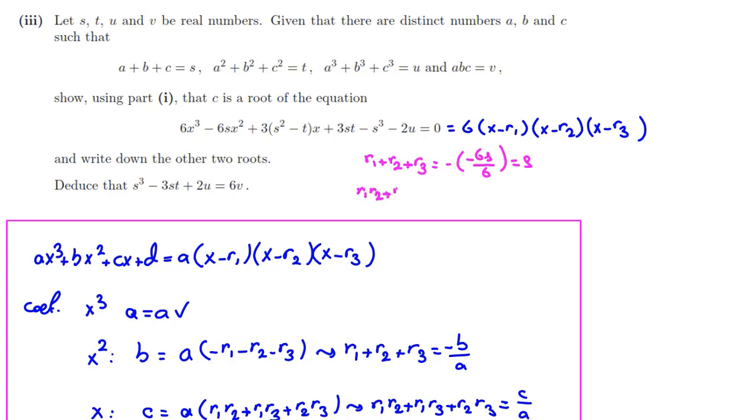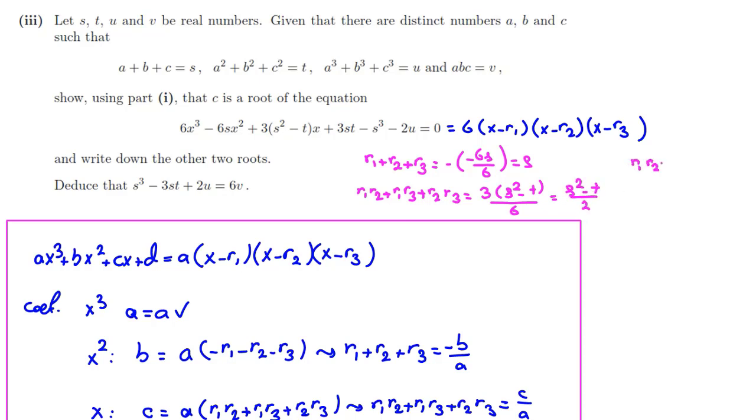r1 r2 plus r1 r3 plus r2 r3 equals c over a, which is what? This over a. So it is (3s squared minus t) over 6. 3 over 6 is 1 over 2, so it is (s squared minus t) over 2.